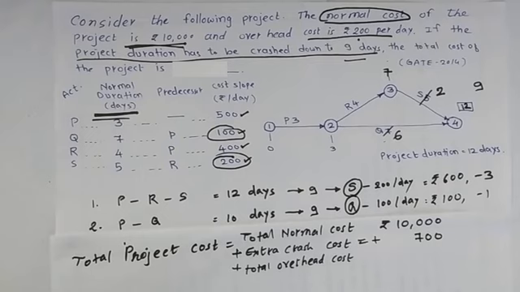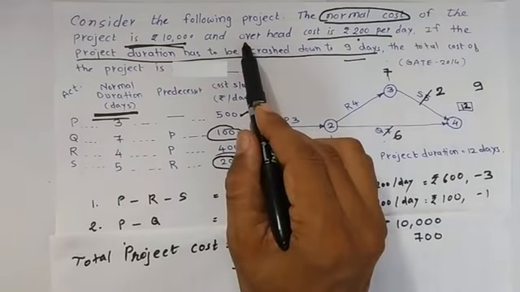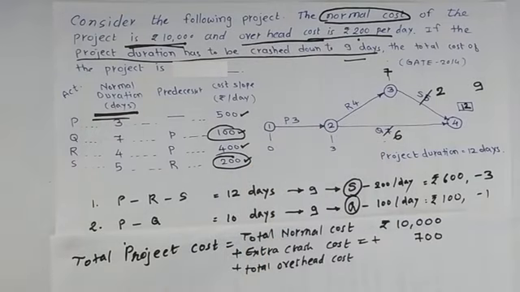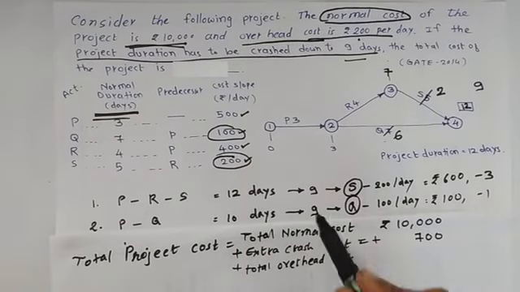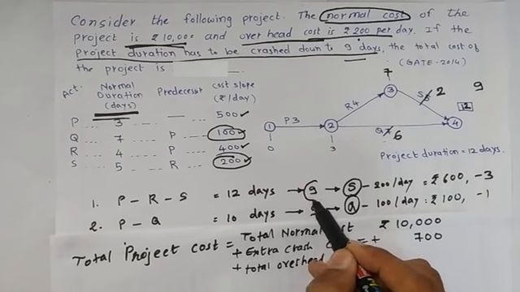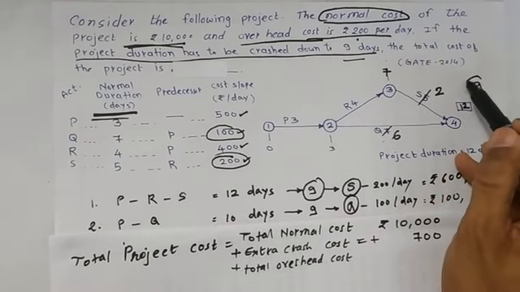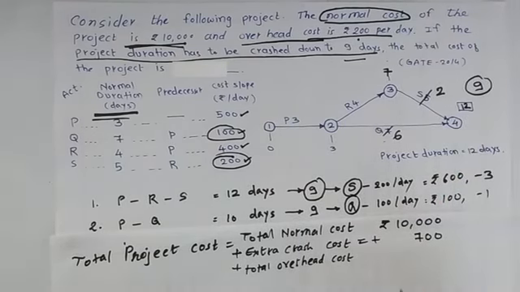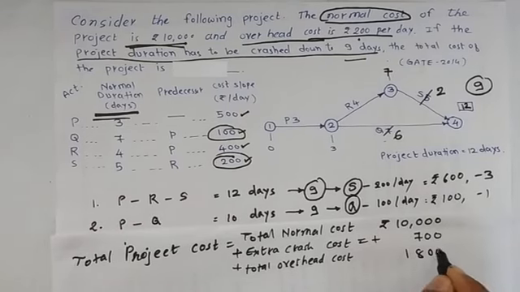And total overhead cost, that is overhead cost per day is 200 rupees per day, and total project duration is 9 days. So that is 9 into 200, it is equal to 1800.